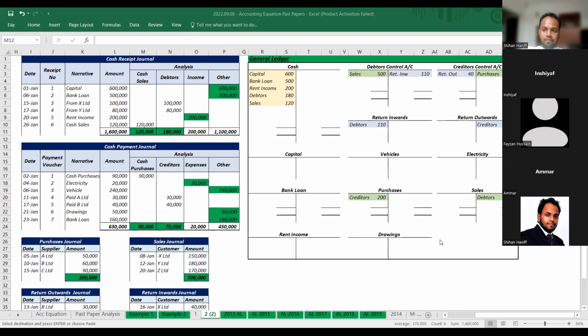There is a question. Can we record the total amount in the cash? Yes, that is also correct. You can write the total amount debit here and credit the individual accounts. It's fine.